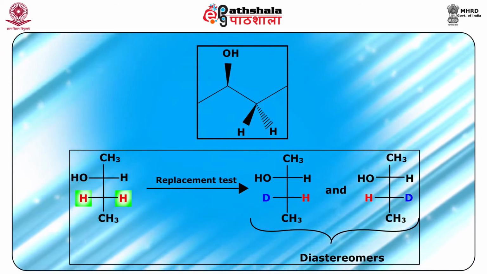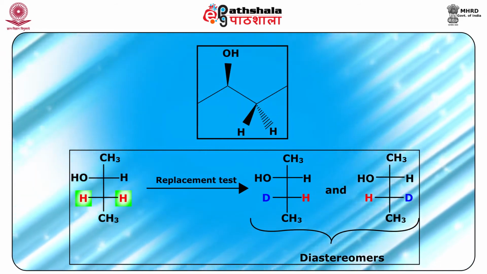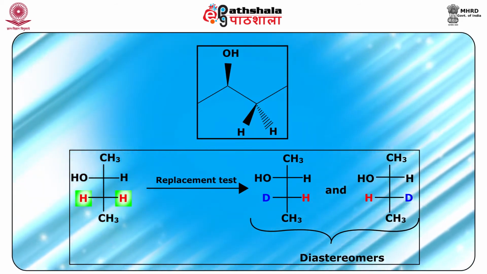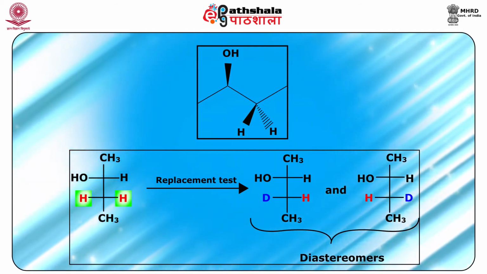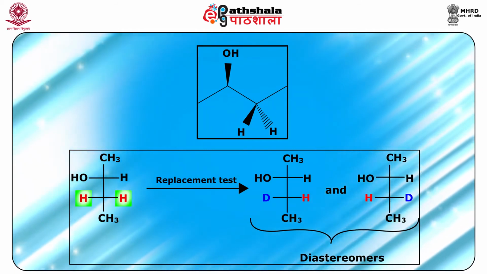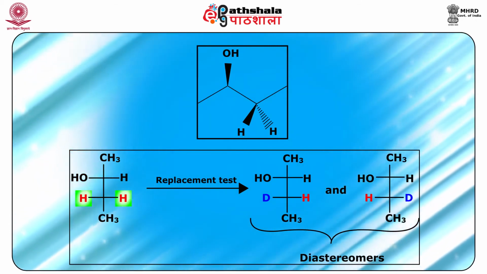Therefore, these two protons are not chemically equivalent. If you replace these two hydrogens with another atom or group, say deuterium, one at a time, and if it produces a pair of diastereomers, then these protons are known as diastereotopic protons, which have different chemical shifts and show two signals in the NMR spectrum.